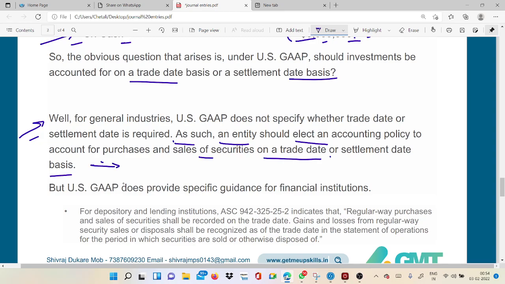So while preparing the financial statements, they can elect. It means they have the option to follow either the trade date or settlement date, and once they follow one, they will have to continue with it. That's it.